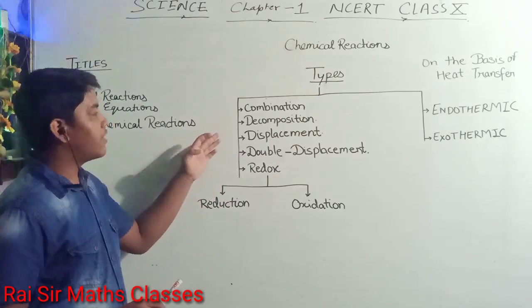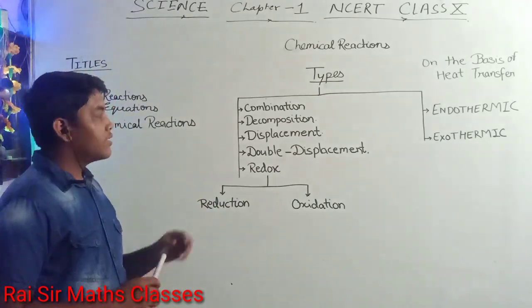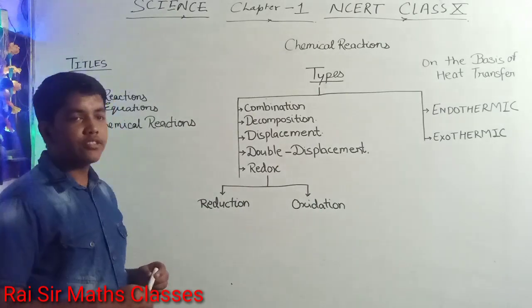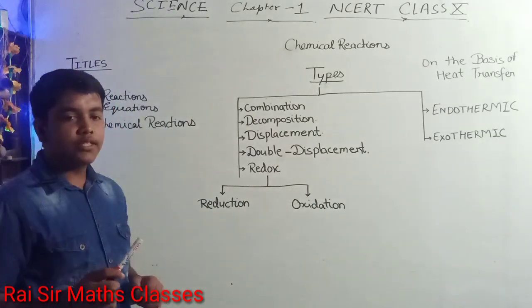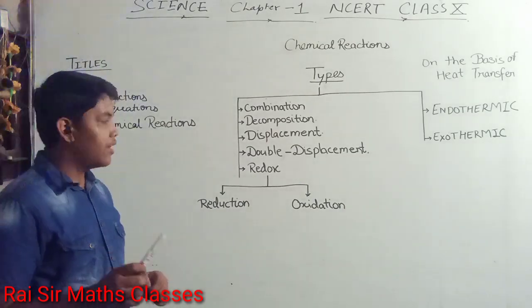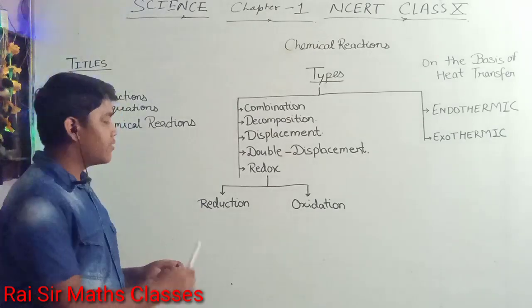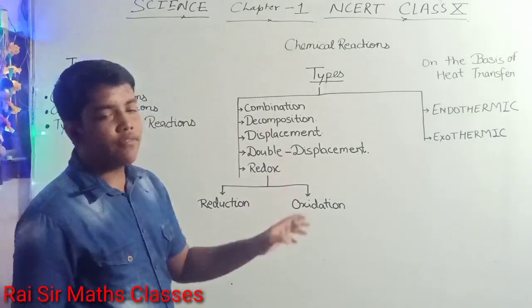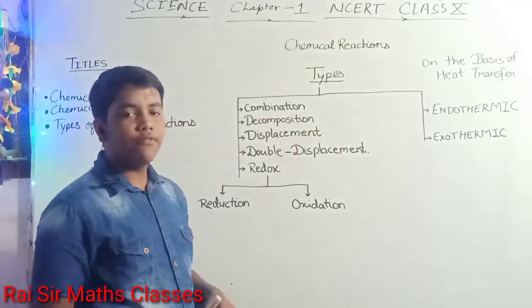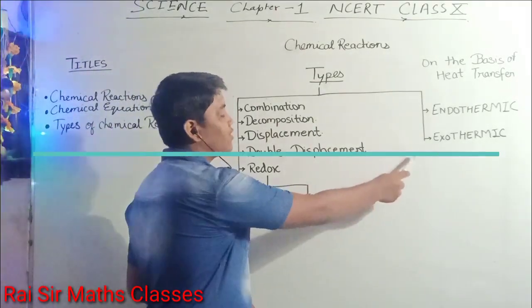First is combination reaction, second is decomposition reaction, third is displacement, fourth is double displacement, and fifth and last is redox. A redox reaction contains two types of reaction, that is reduction and oxidation. On the basis of transfer of heat, there are two types of reactions: first is endothermic and second is exothermic.